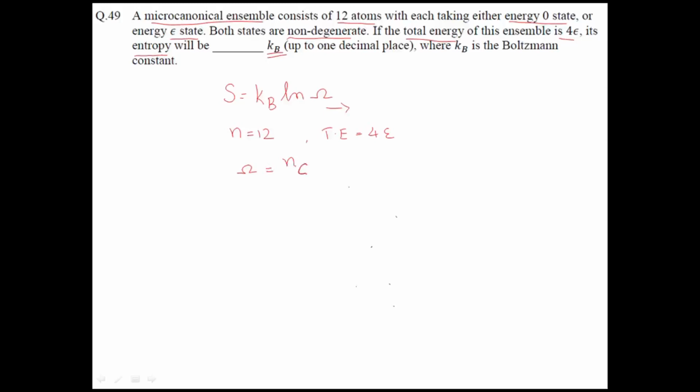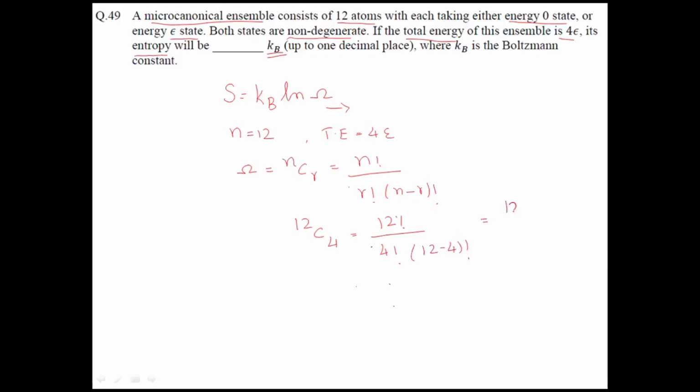That is nCr is equal to n factorial divided by r factorial into n minus r factorial. That is 12C4 is equal to 12 factorial divided by 4 factorial into 12 minus 4 factorial.